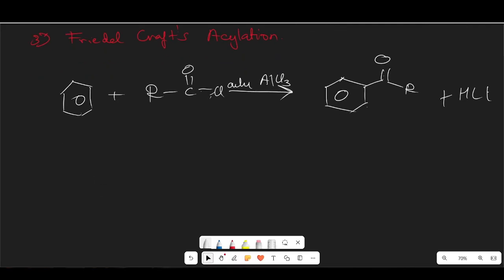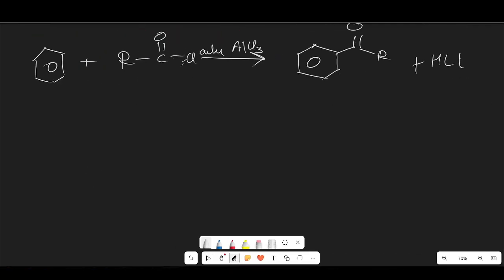Same mechanism as previously mentioned. You start with benzene. You lay out your materials. Your catalyst comes in.